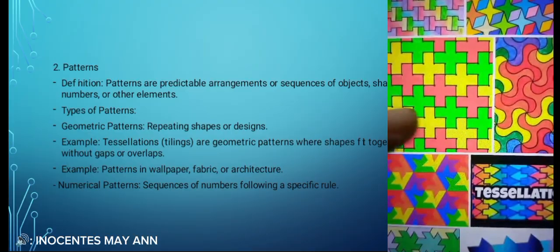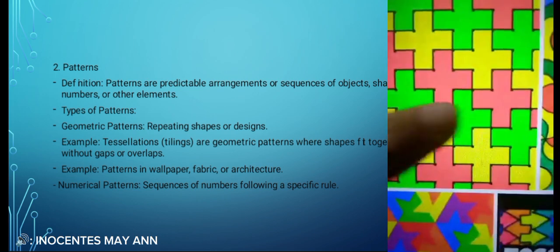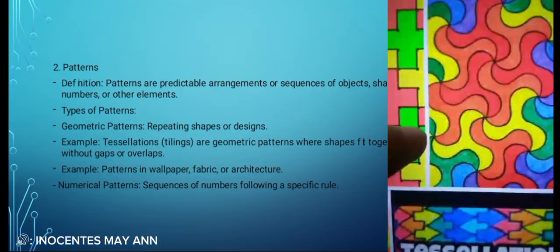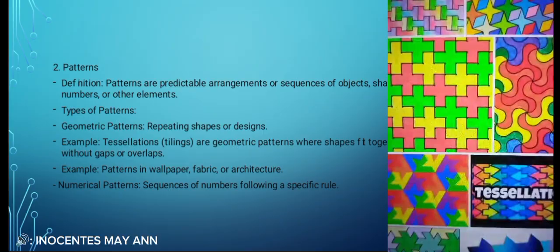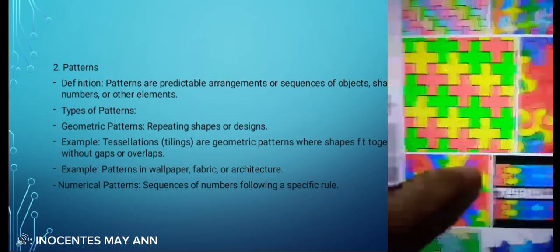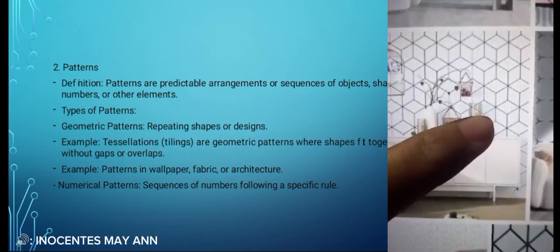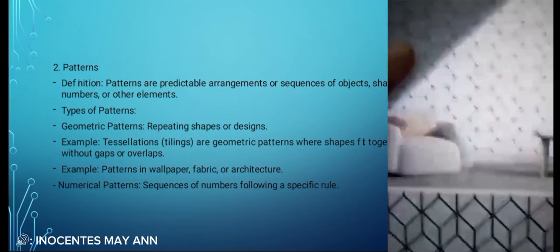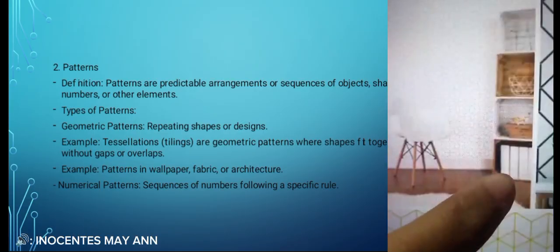We can see the crosses have no gaps and they fit together exactly. The same with this example. Another example is patterns in wallpapers. We can see in this example picture here, here, here, and here.